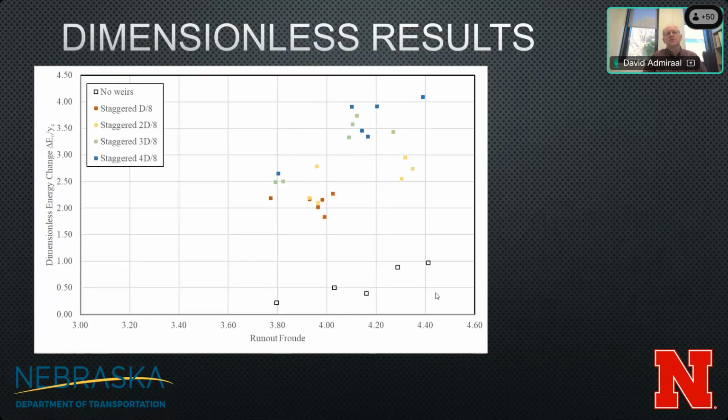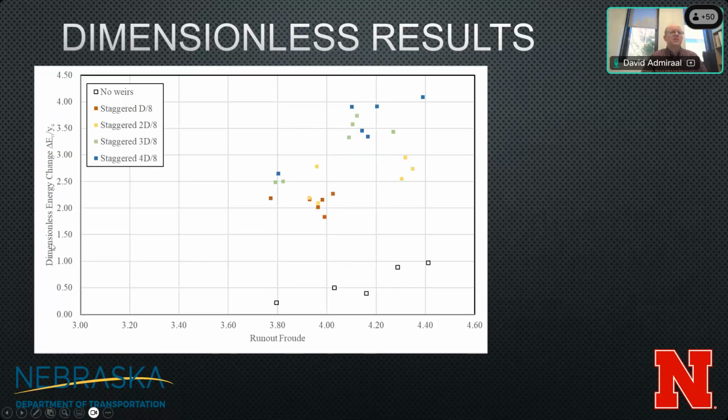And then I have some dimensionless results here. These didn't turn out as well as I would have liked. We're going to shoot for better in our second phase. But they do show that the staggered weir works really well at the upper end, this 4D/8, where it's half the size, half the diameter of the culvert.